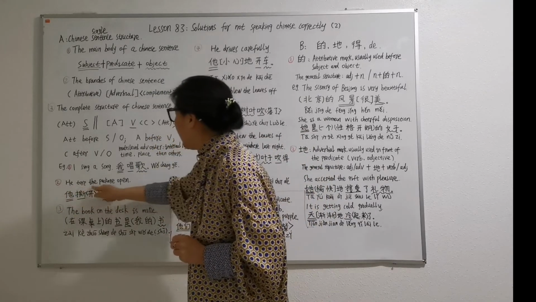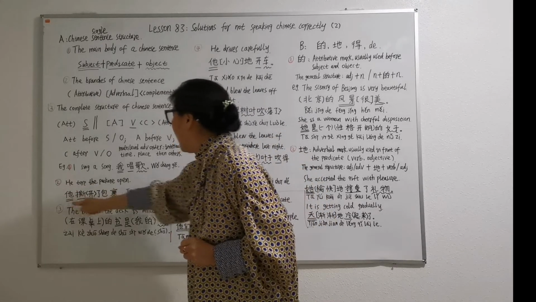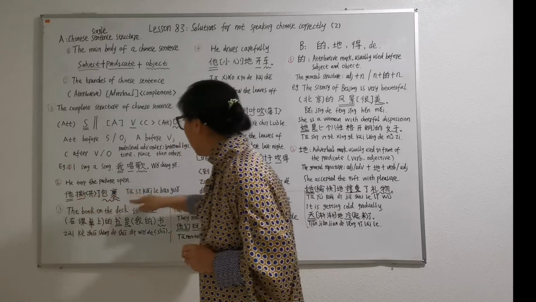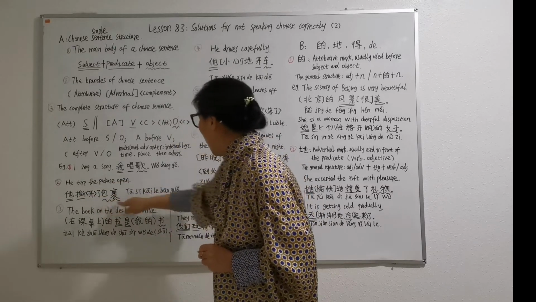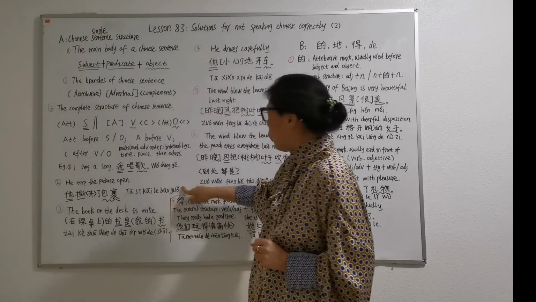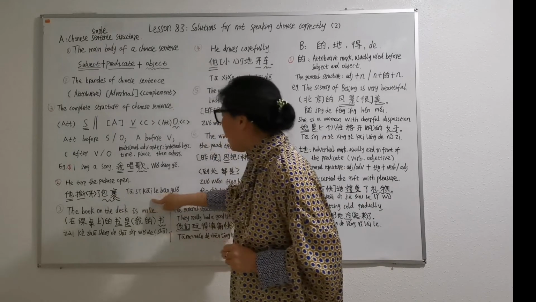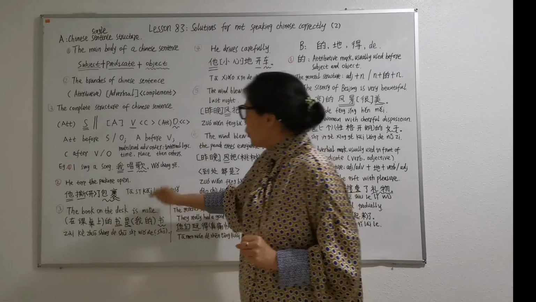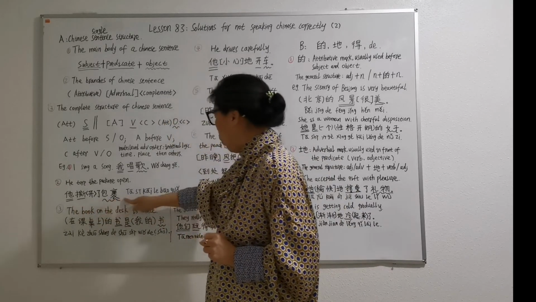Now the second. He tore the package open. He 他, tore 撕, the package 包裹, open 开, and 了 is a particle. So we say 他撕开了包裹.